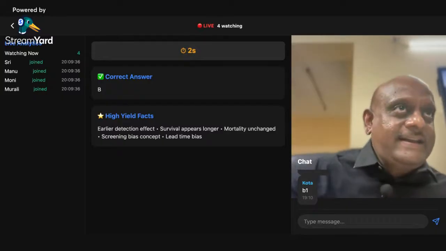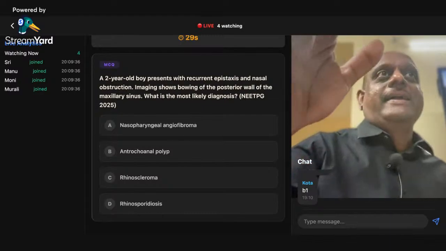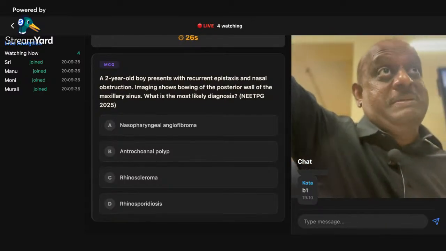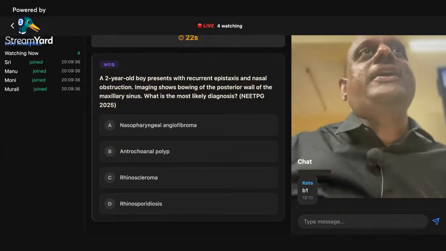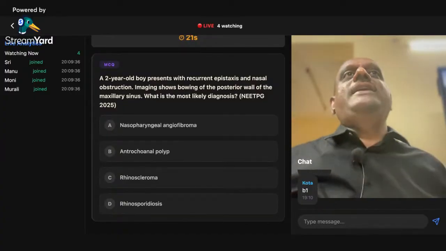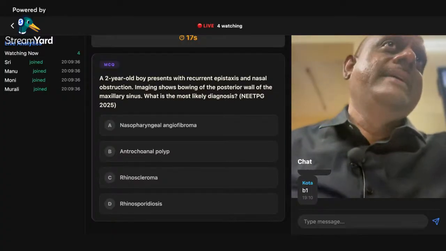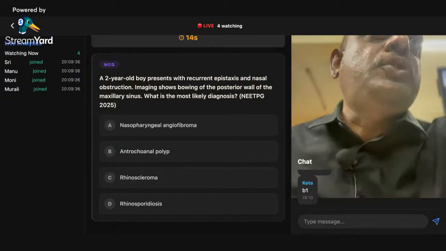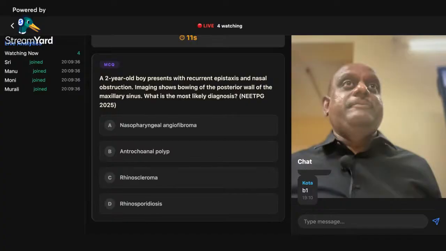So mortality didn't change, but it looked like he lived from the 1st year to the 5th year, and you think your survival time has increased. But that is not true. That is called lead time bias. The patient has the disease detected early, so he lived up to that date, but the date of death did not change. That's the point. Beautiful question.